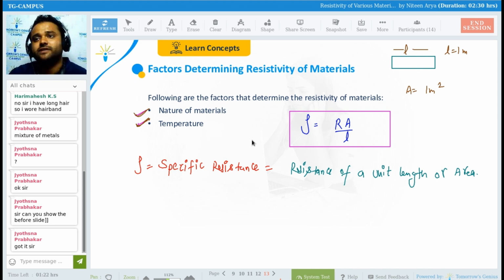For example, aluminium has one resistivity, and copper has another. Even among conductors, aluminium has something else, iron has something else, chromium and nickel have something else. So it is material dependent, not dependent on area or length. Clear for everyone?